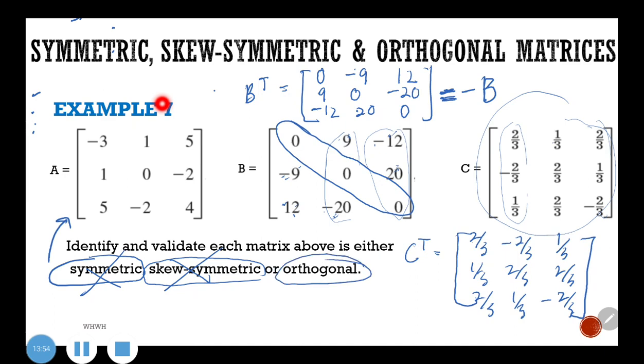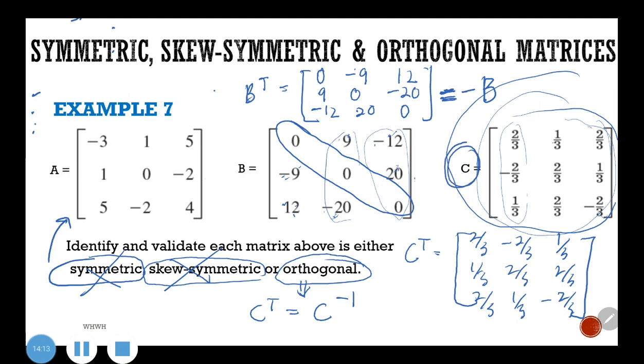How to buktikan it's orthogonal? Maknanya you have to buktikan C transpose is equals to C inverse. So untuk buktikan this matrix is an orthogonal matrix, you have to find its inverse, which is C inverse. Find C inverse and buktikan dia sama dengan C transpose.